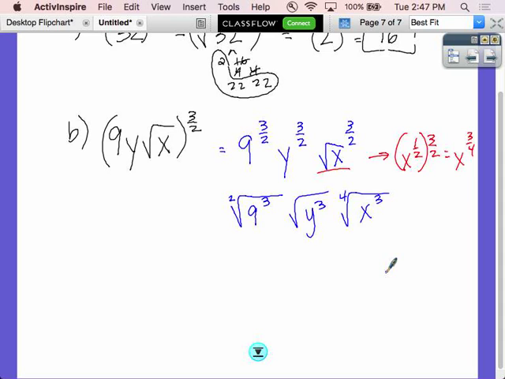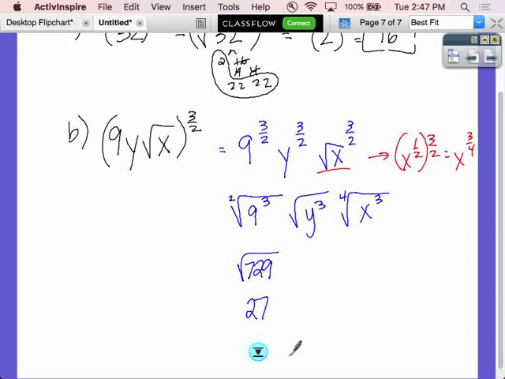Okay. So, what is 9 to the 3rd power? Well, it's not 27. It's 729. And what's the square root of 729? It's 27. All right. Now we have to think about this.